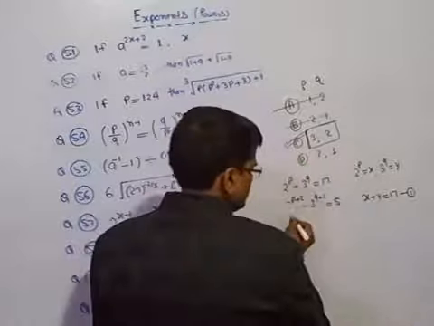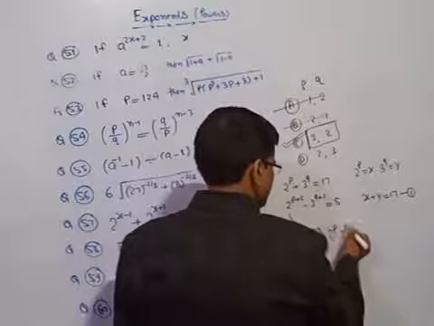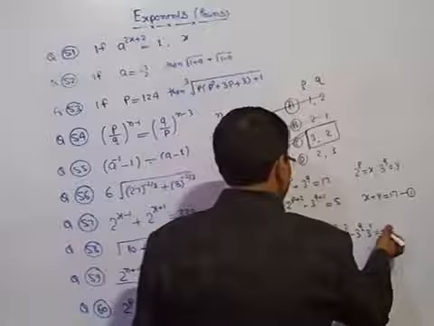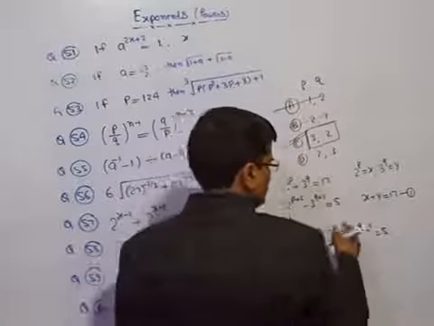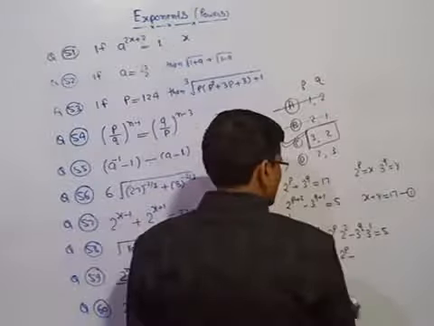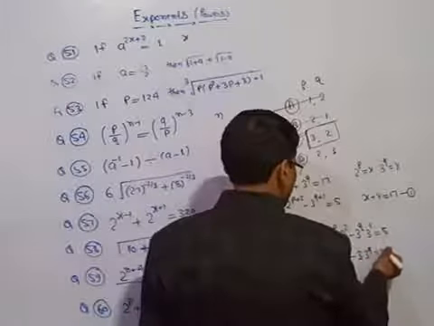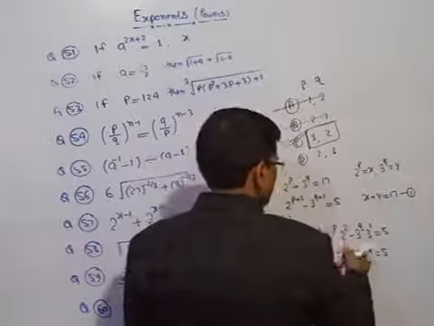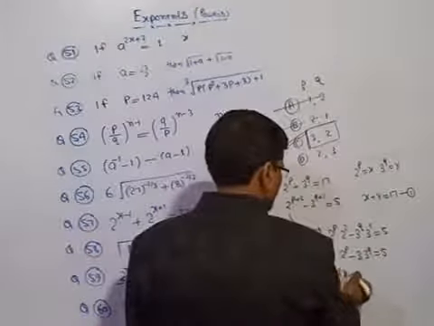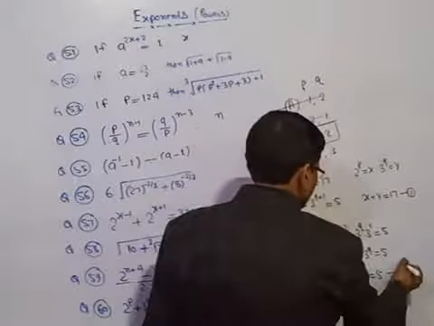Now the second: 2 to the power p plus 2, 3 to the power q plus 1 equals 5. 2 to the power 2 means 4, so 4 into 2 to the power p. Now 3 to the power 1: 3 into 3 to the power q equals 5. With 2 to the power p equal x, then 4x minus 3y equals 5, equation second.